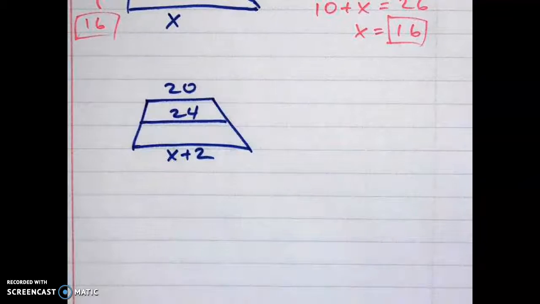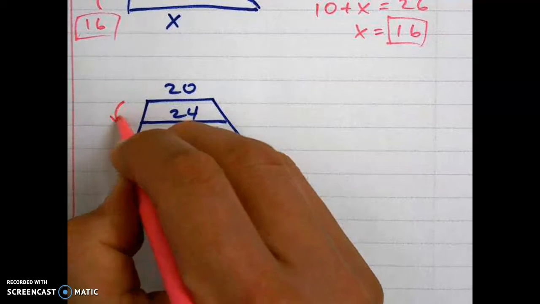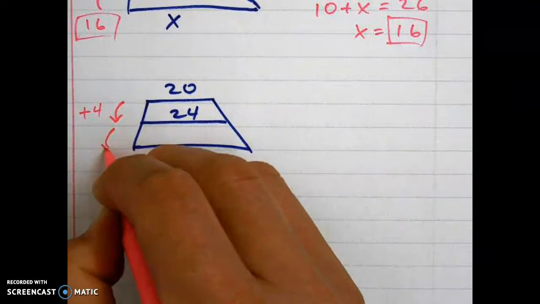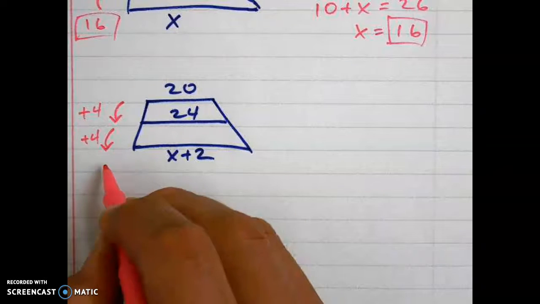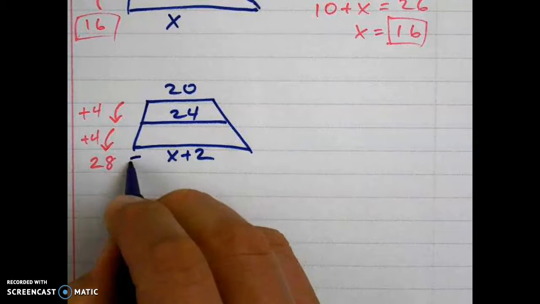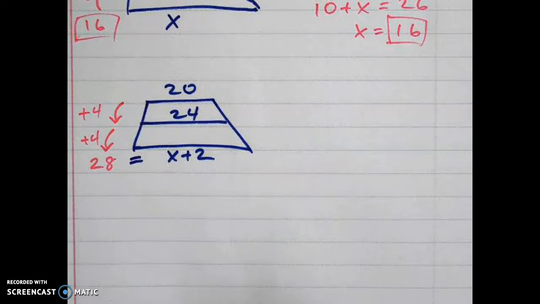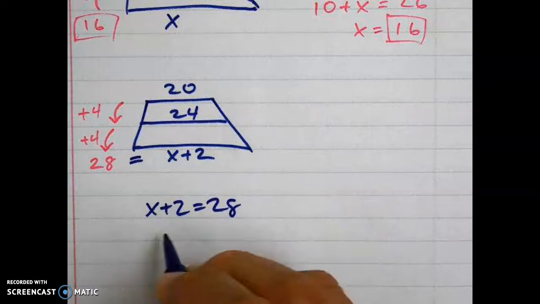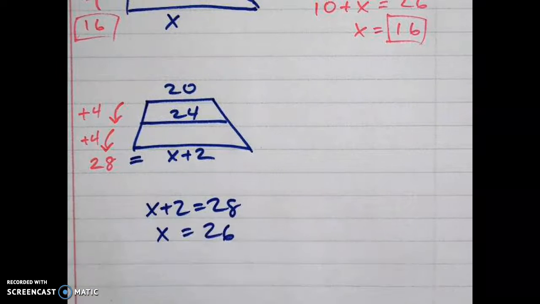What do I add in order to get from here to here? I added 4. So if I add another 4, what should it be? 28. So all I have to do is set this equal to x plus 2. x plus 2 equals 28. Subtract 2, x is equal to 26.